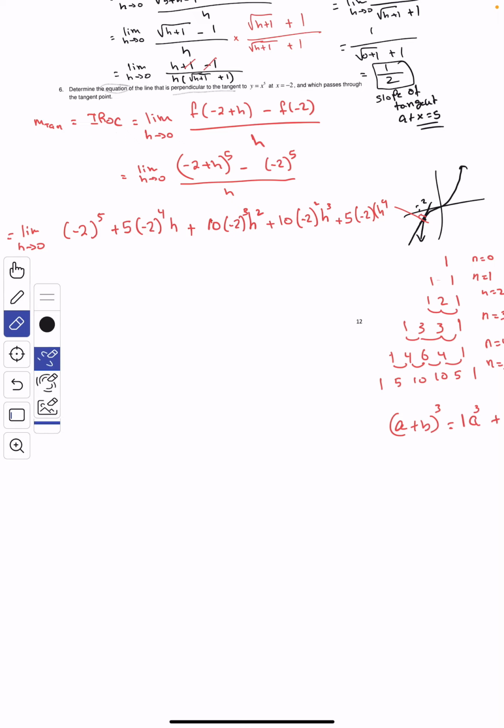I'm just going to erase that for now. I can't erase it. And last, it's the last term, which is going to have a coefficient of 1, and that's going to be h to the power of 5. Okay.